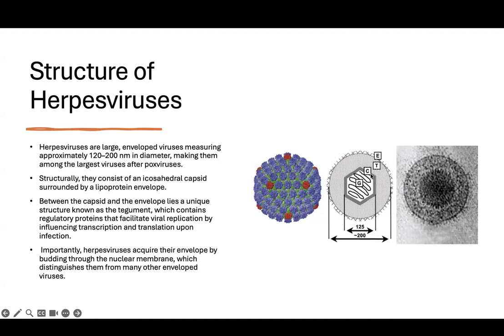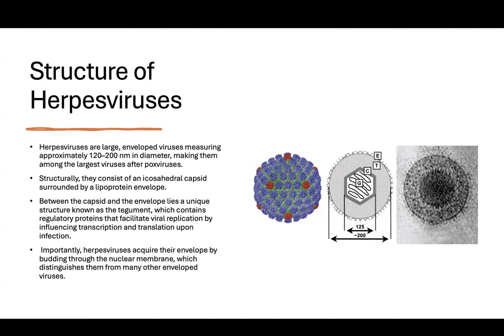One thing that is super interesting in these viruses, and this is a very nice electron microscope image, you see this zone over here that's between your envelope and your capsid. This zone is filled with proteins, specifically these tegument proteins.